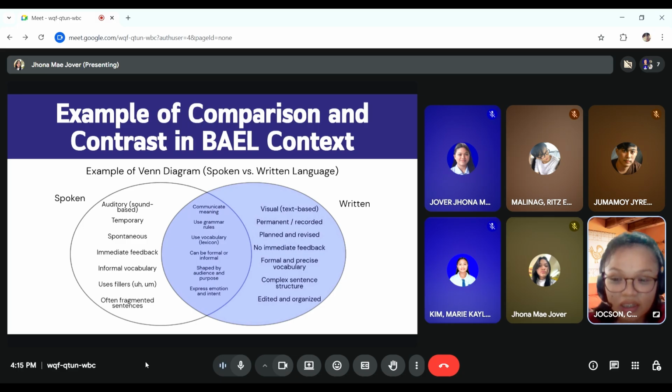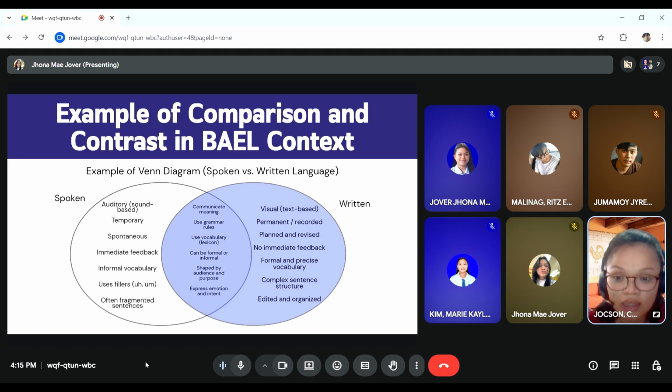Okay, and you can see here the different criteria that we have pointed out, but they are not really strictly defined, like for example, mode, permanence, interaction, all that. It's just what really are the different features that you can see in both spoken and written language.